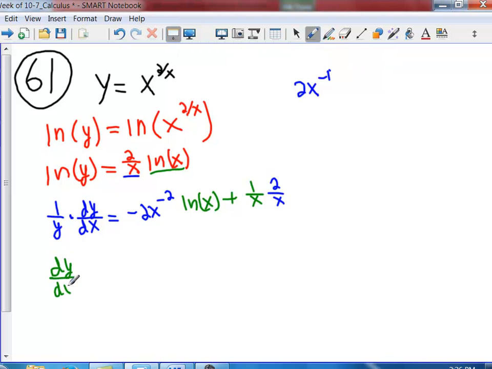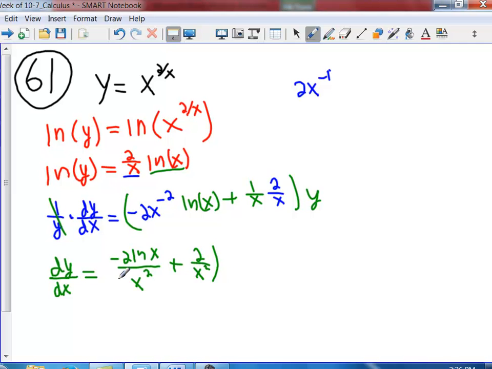So simplifying all of this, I'm just going to put dy dx, and I'll multiply by a y right now. Everything here is multiplied by y. Let's see, it looks like it equals negative 2 ln of x over x squared plus 2 over x squared. So I could just put those together.